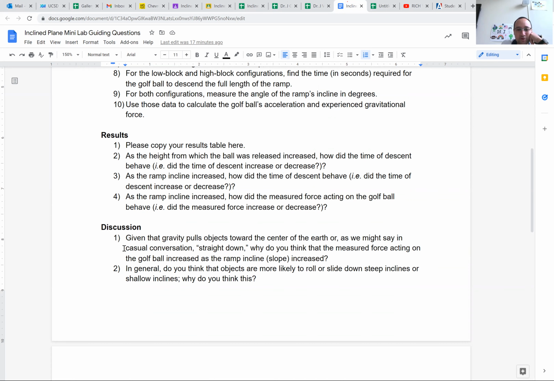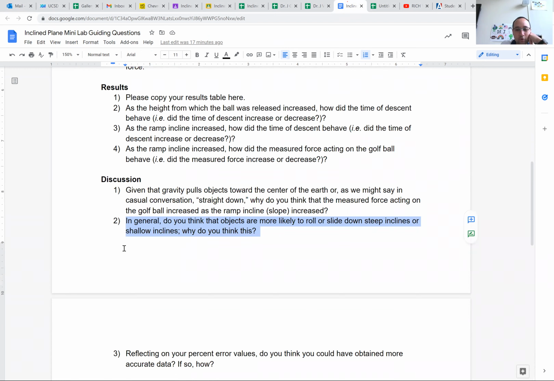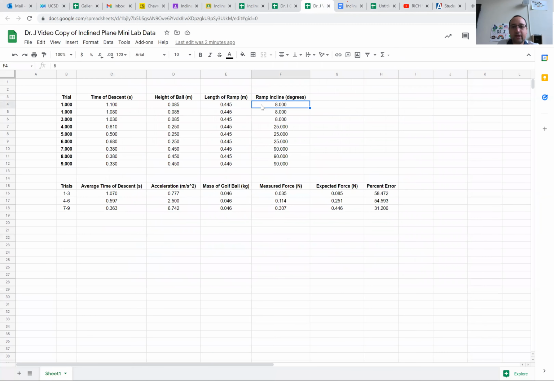So in general, second question, do you think that objects are more likely to roll or slide down steep inclines or shallow inclines, and why do you think this? Okay, so here you need to reference your data, right? And what you've seen is that the steeper the incline, okay, the quicker the descent, all right?